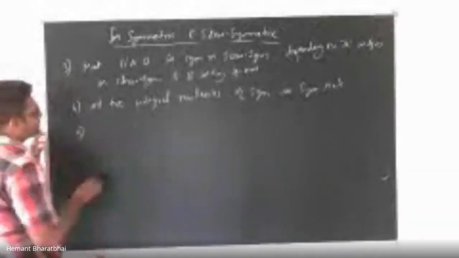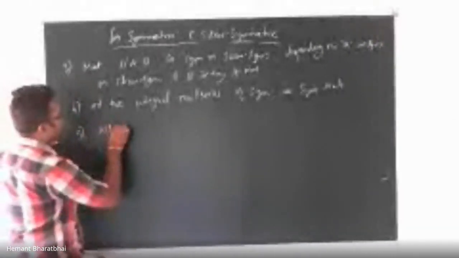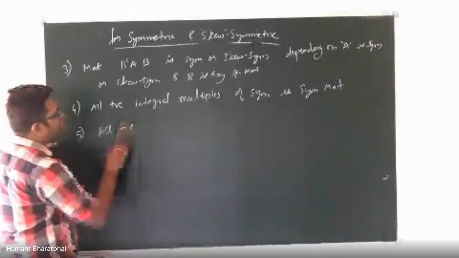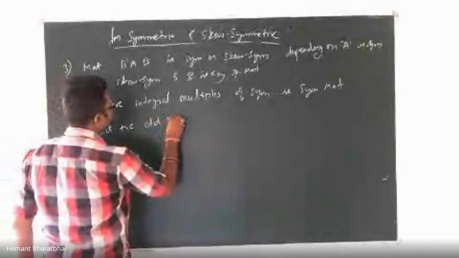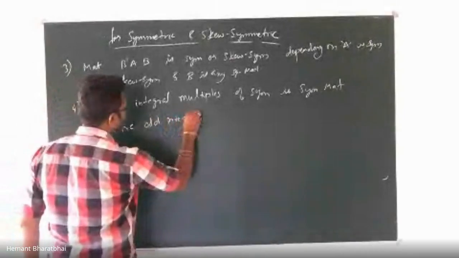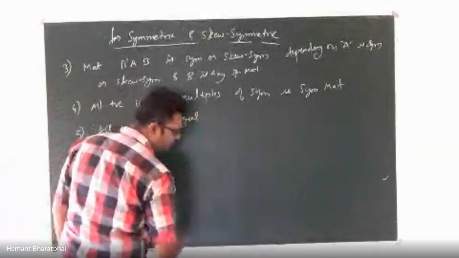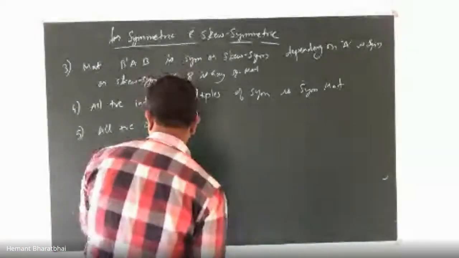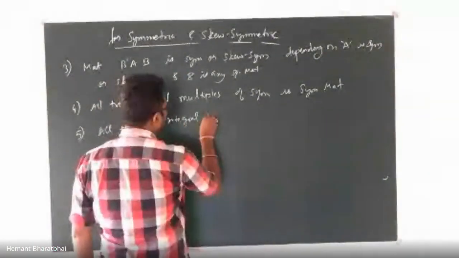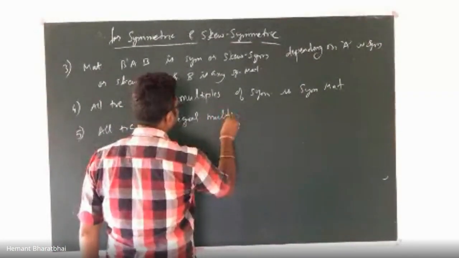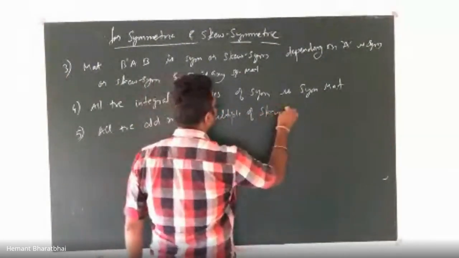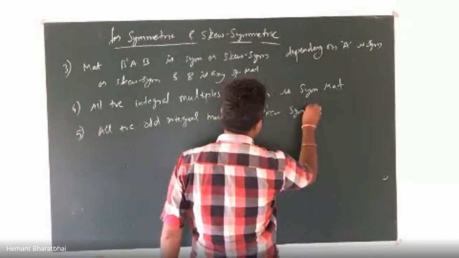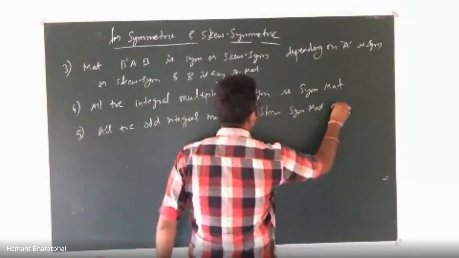But for a skew symmetric matrix, all positive odd integral multiples. Integral means integers and not fractions. So all positive odd integral multiples of a skew symmetric matrix are skew symmetric.